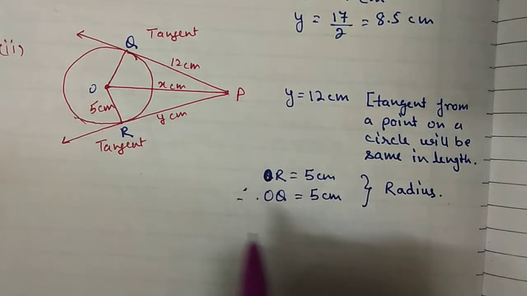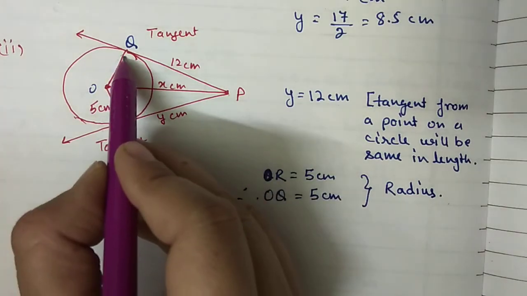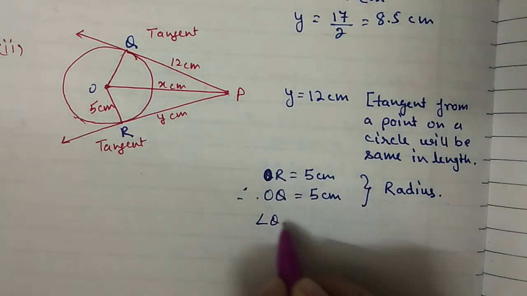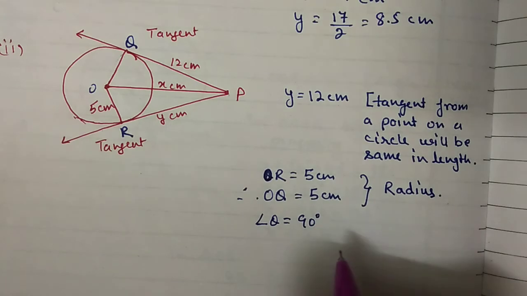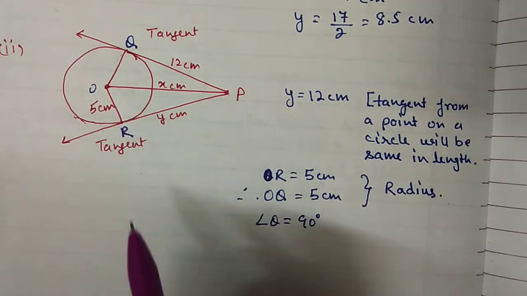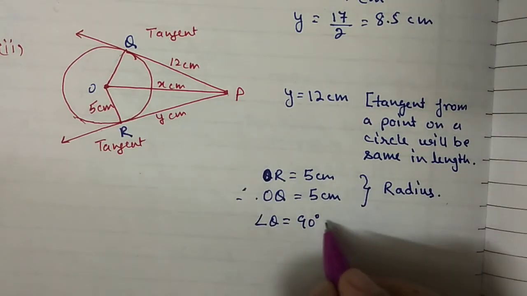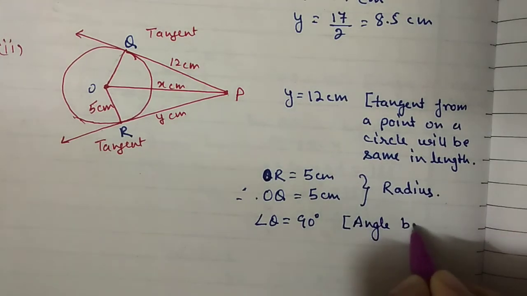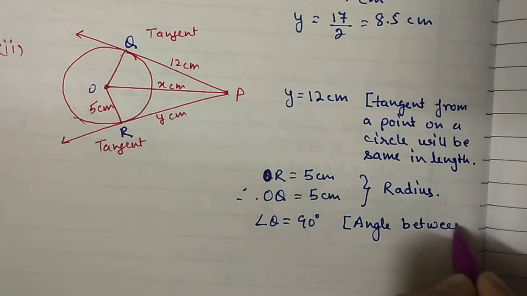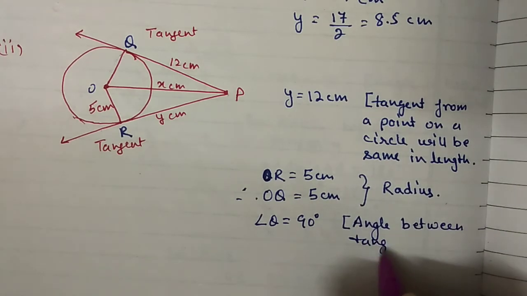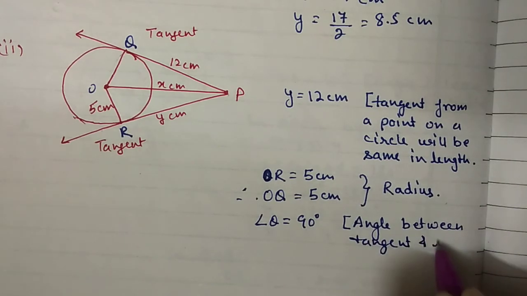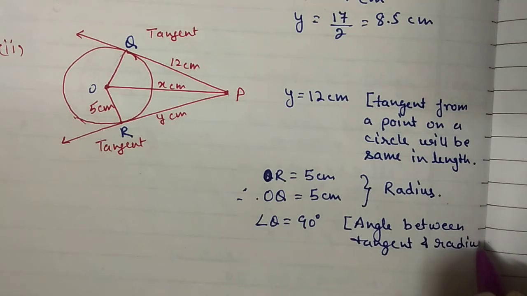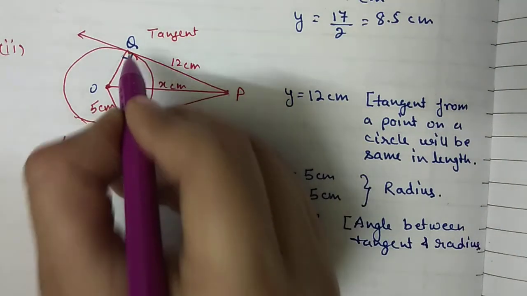And in this triangle, this angle Q will be 90 degree. Even angle R also will be 90 degree. We can give the reason: angle between tangent and radius. So this angle will be 90 degree.